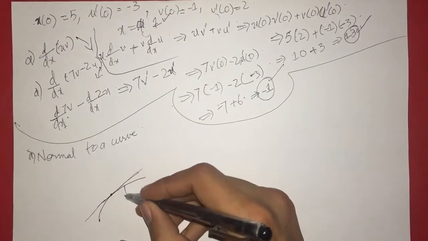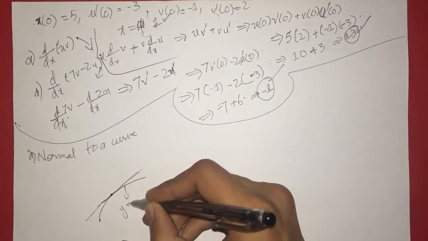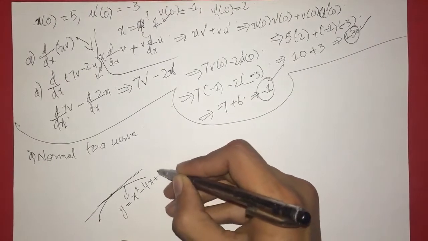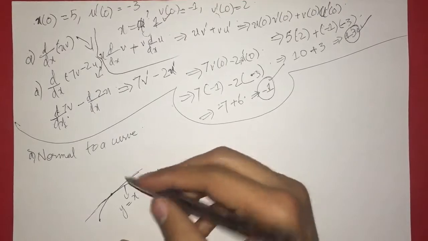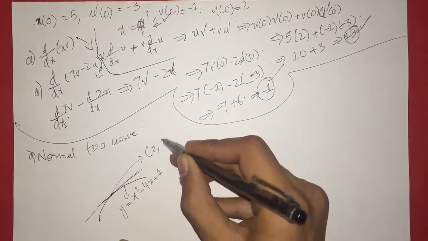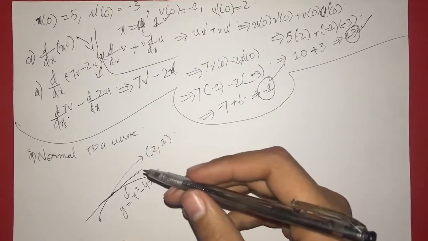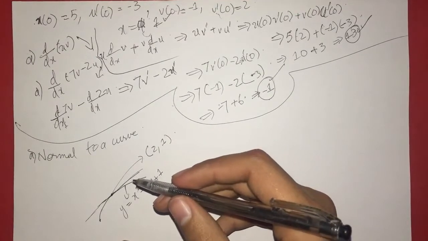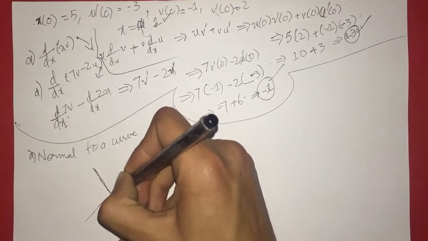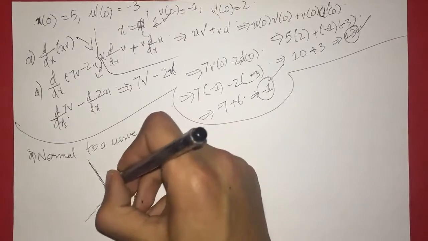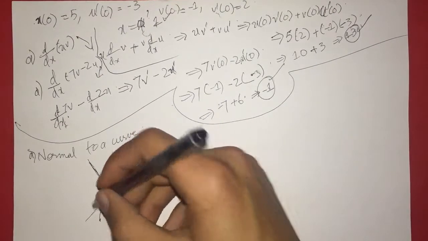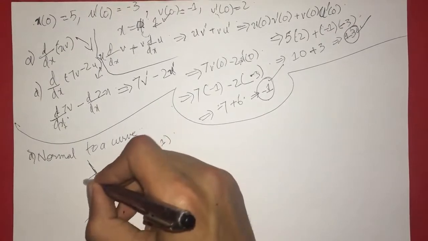This is the curve y equals x cubed minus 4x plus 1, and at this point 2, 1, find an equation for the line perpendicular to the tangent. So we have to find the equation of the line that is perpendicular to the tangent to this curve at point 2, 1.